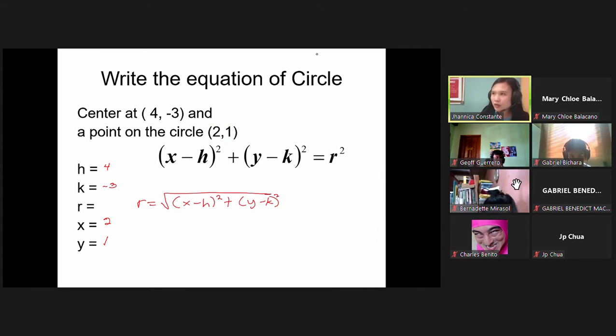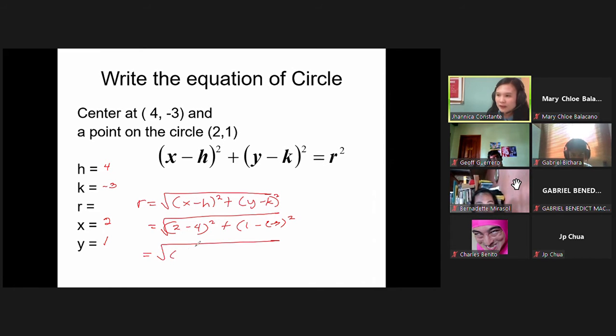So substitute the given values for the variables in the formula for the radius. So square root of 2 minus 4 squared plus 1 minus negative 3 squared, which is equal to negative 2 squared plus positive 4 squared.